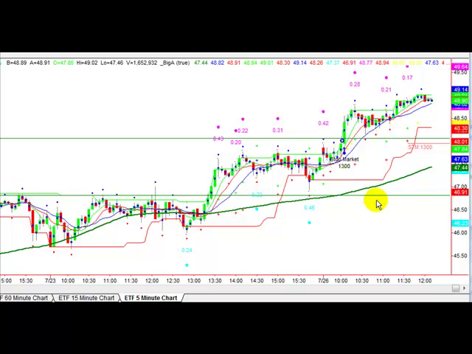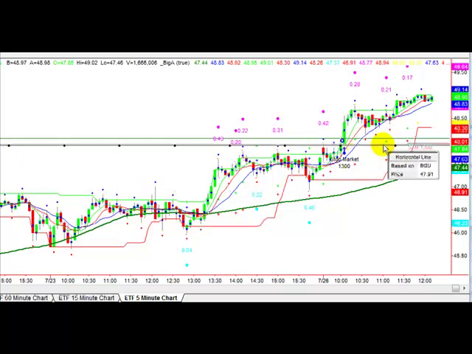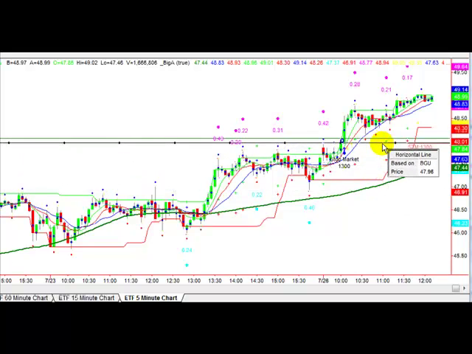So therefore, that gives me the opportunity to move my stop from here at 46.82 up to, actually could have moved it all the way up to break even at 48.07. However, I know that there's an even number of 48 there, and it could retrace all the way back to 48 before it bounces back up. So therefore, I'm going to put it at 47.95.